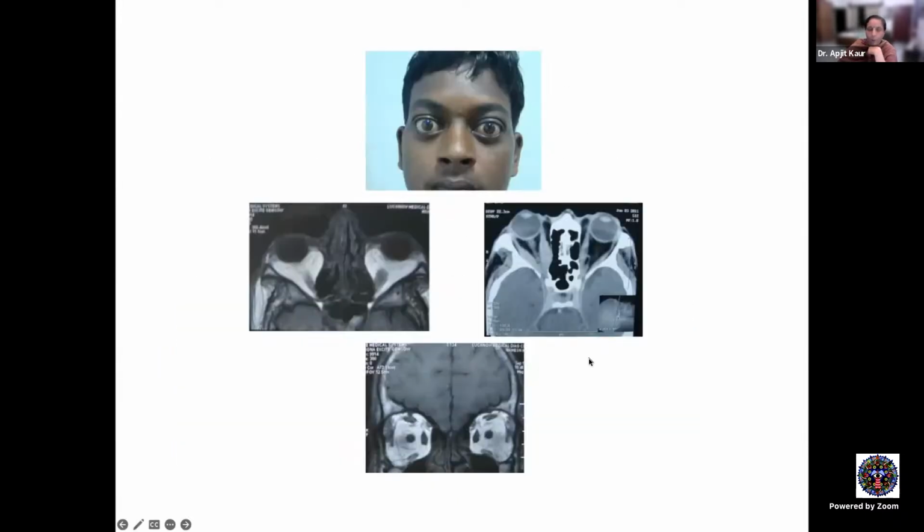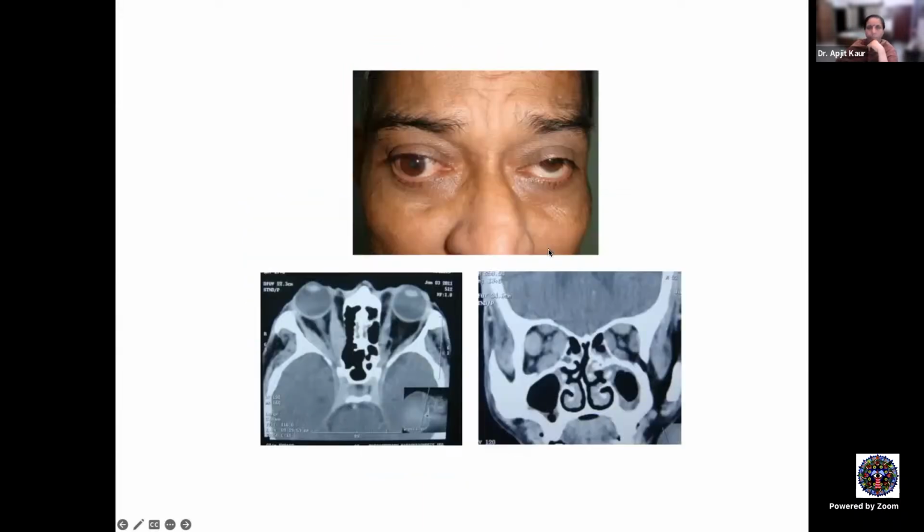Enlarged extraocular muscles. Look at this child. Both eyes are bulging. Here you see so much fat is bulging, and look at the size of his muscles. This is what is called a typical Coca-Cola bottle sign. Now, this is yet another person who has such thick enlarged muscles, but his proptosis is not as much.